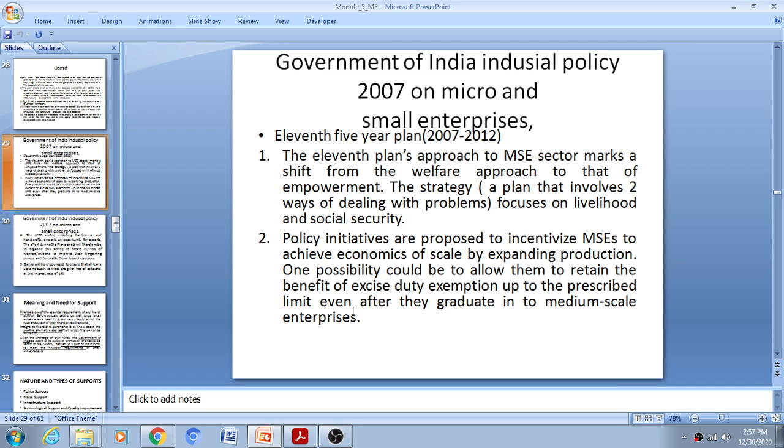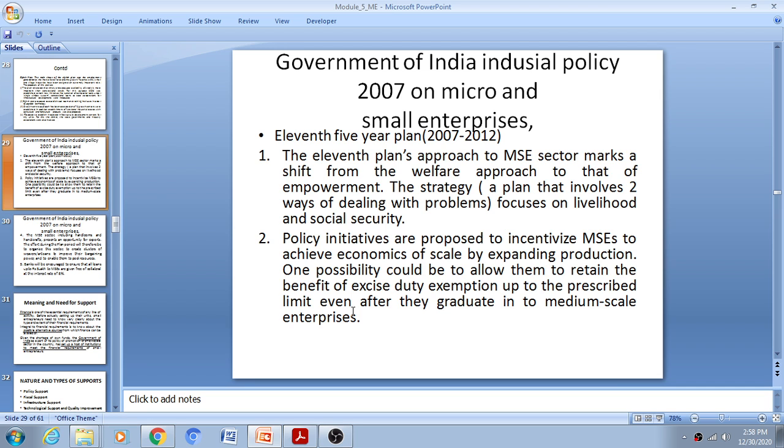So they have done this by retaining the excise duty exemption. That is the exemption from paying taxes to the Government of India, even after graduating from small industry to medium scale industry.